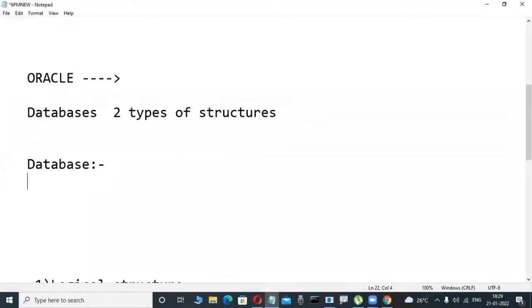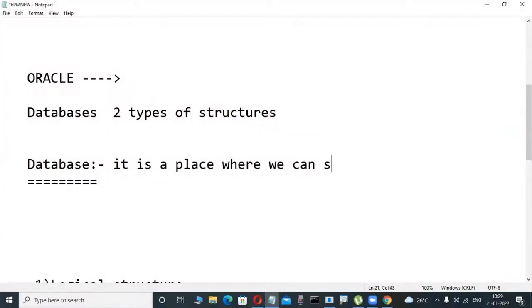What is a database? In Google or in books it is a place in a computer system where we can store a structured collection of data. What is data, what is information, what is DBMS, that is later. Structured collection of data.